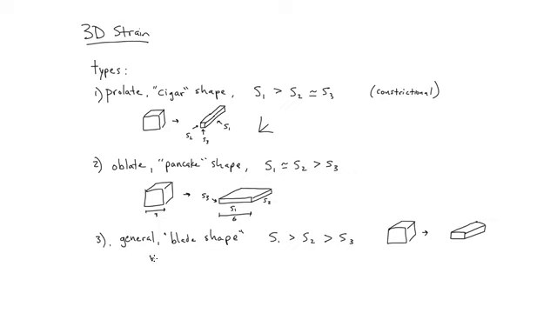In a special case of this, when S2 equals 1, we have what we talked about before, plane strain. So if S2 doesn't change, it's plane strain, or 2D strain.